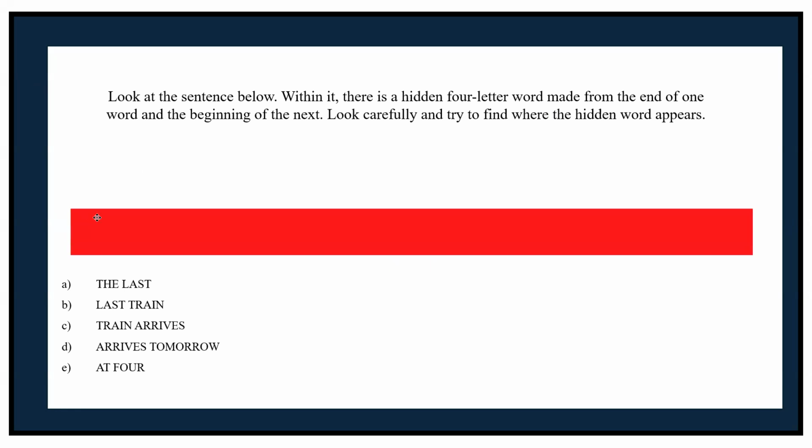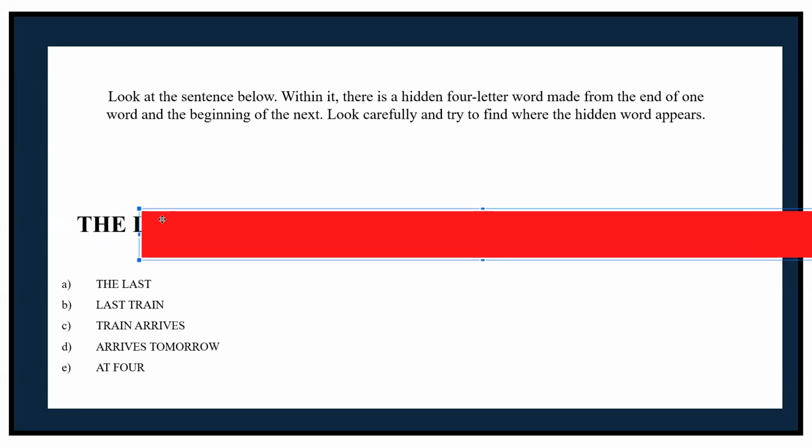and then drag it along the sentence, comparing all possible options. So remember, we could have 3 letters in one word and 1 in the next, 2 in one, 2 in the next, 1 in one word, 3 in the next. It's got to be 4 letters, okay? And then just try doing that for a while, yeah? And practice focusing your attention on the beginnings and ends, or the ends and beginnings of consecutive words.